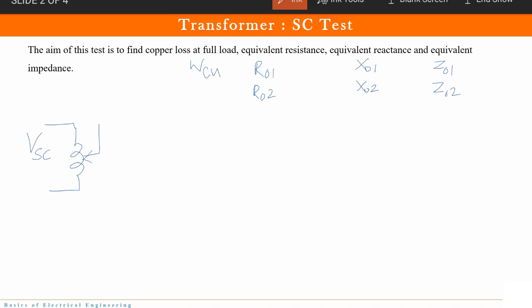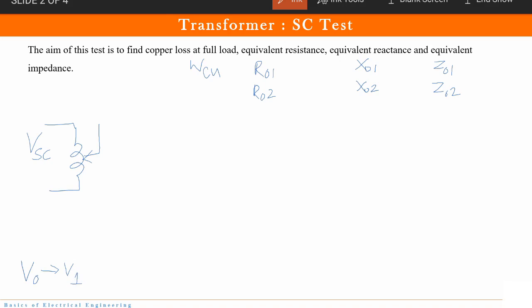But here instead of writing V1, we are writing VSC just to make everyone understand that this condition is short circuit condition. In the open circuit condition also we used a parameter called V0. Basically it also represented V1, but that letter O is actually 0, which represents no load condition.